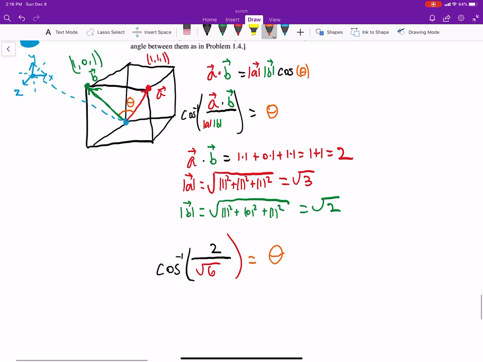And if we plug that in a calculator, you will get 35.26 degrees. And that's this angle that we needed to find. So really, this is just an application of the dot product.